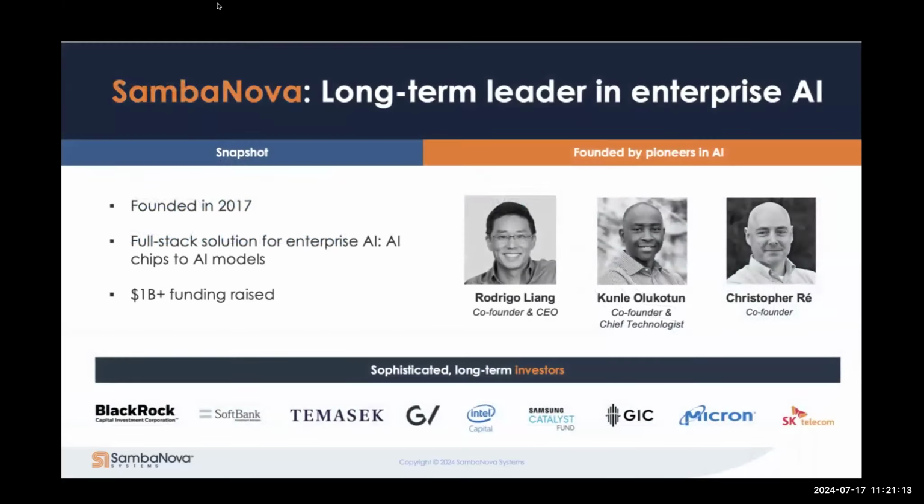Yeah, sounds good. So let me give you a quick overview. As a startup, it's always good to know where the company comes from, who founded it, and what the founding philosophy is and what it's based on. At SambaNova, we have three co-founders, Rodrigo Liang, Kunle Olukotun, and Chris Ré. Two of the three, Kunle and Chris, are from Stanford. They both teach at Stanford.